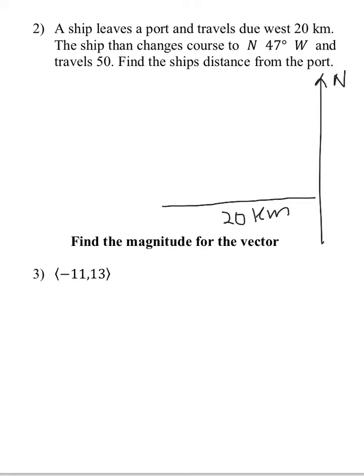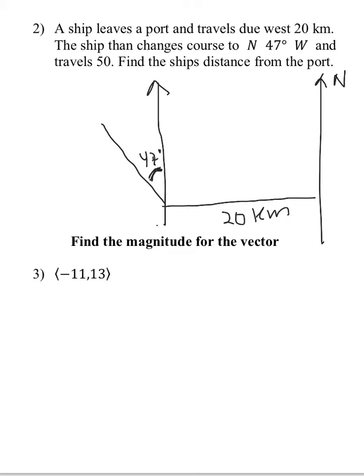The ship then changes course to north 47 west. Okay, so I'm going to draw another north-south line. And this time my ship is going to go north. And now we're going northwest, and we're going to measure our degree right here from the north-south line, 47 degrees.